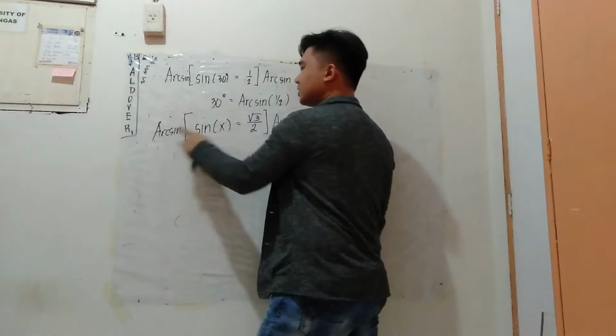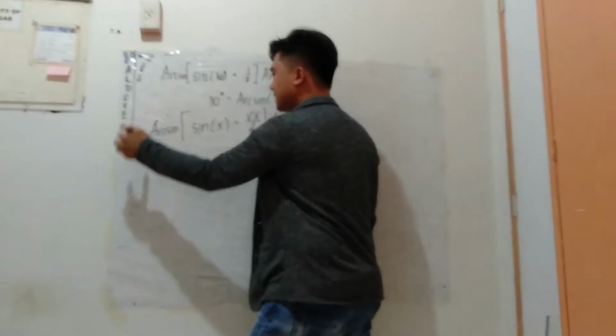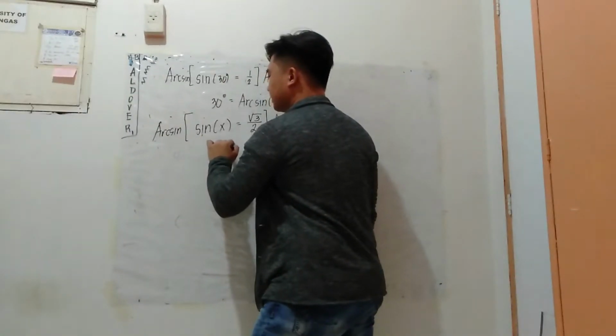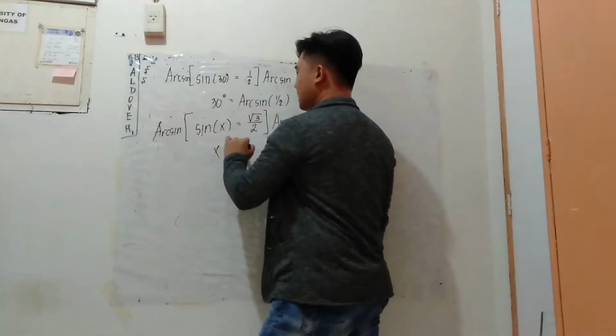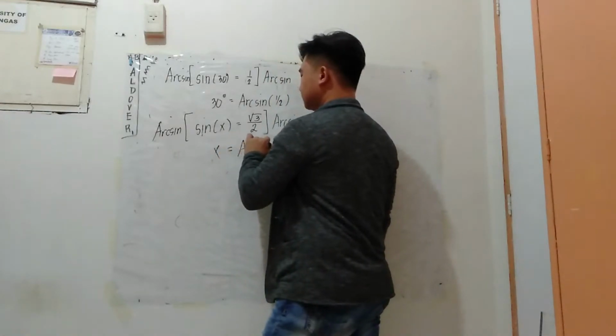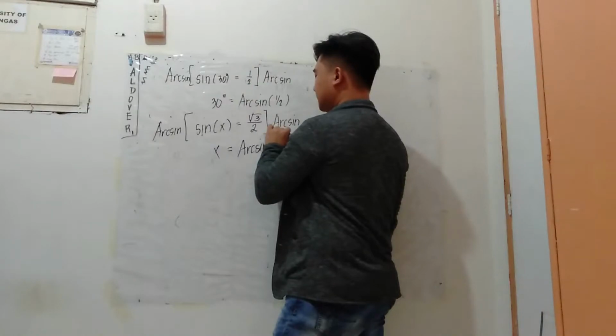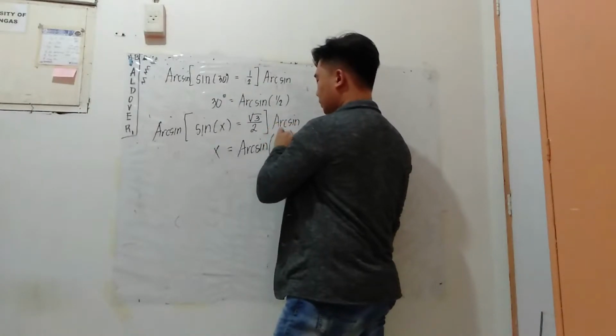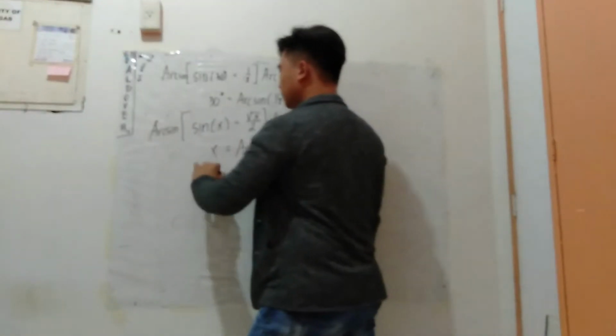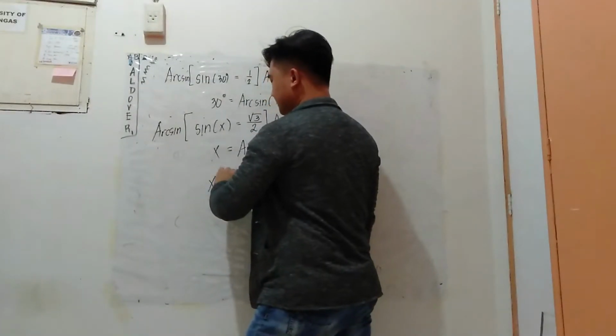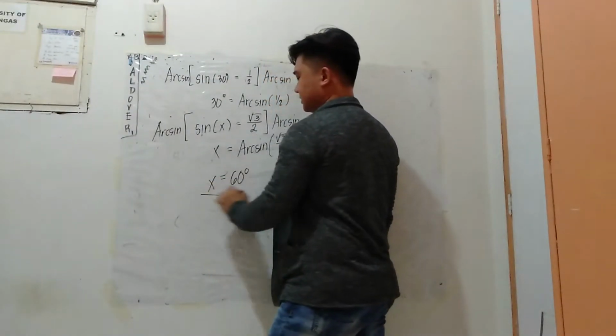So, arc sine of x, magkakancel lang yung sine, magiging x lang po yun. And then, arc sine of square root of 3 over 2, x is equals to 60 degrees.